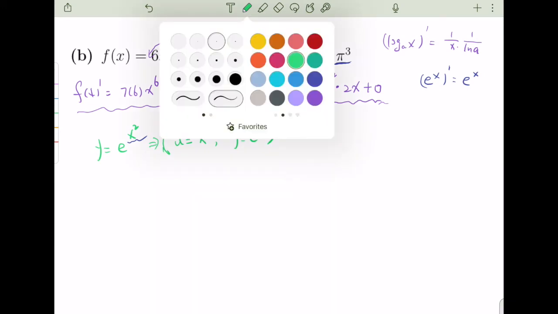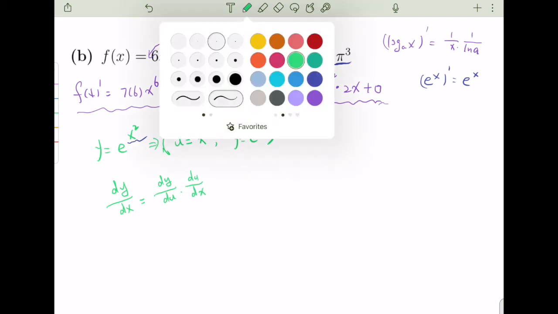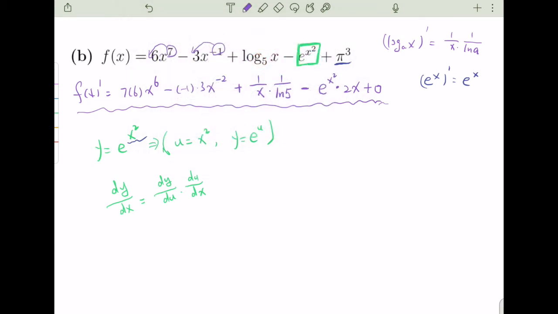So now the chain rule says that dy divided by dx, that's the derivative of y with respect to x, right? It can be written as dy du times du dx. It's kind of inserting a variable u in between. And you can also imagine that these two du's get cancelled.